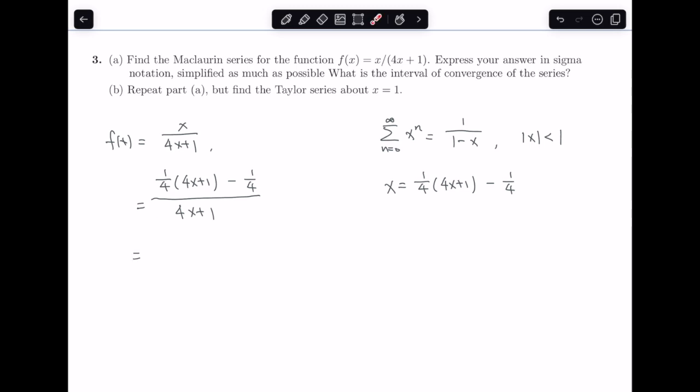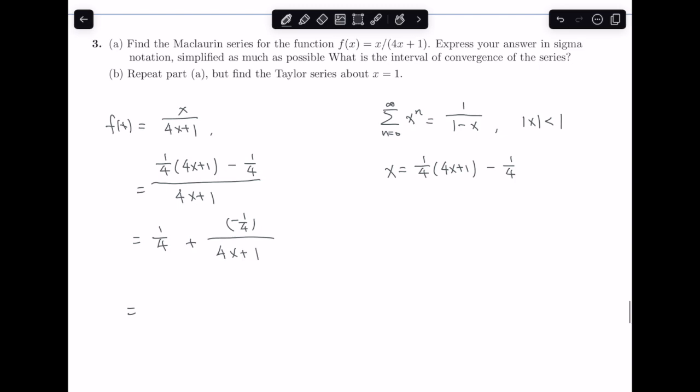Okay, so this part divided by the bottom is going to leave us with 1 over 4, and then the second part we're going to have a negative 1 over 4 on the top divided by the same bottom 4x plus 1. Okay, we see that we are already one step closer to using the formula, because now the top x has been moved away and then leaving us with this.